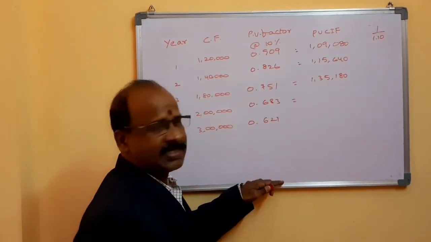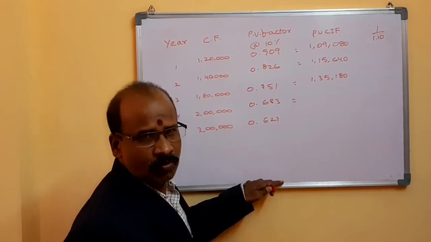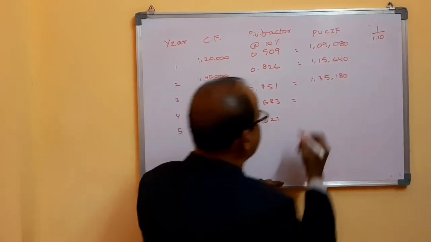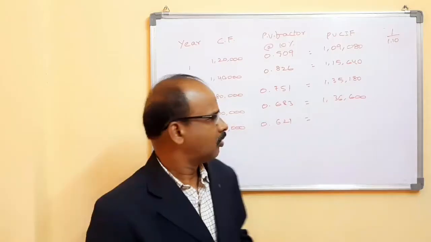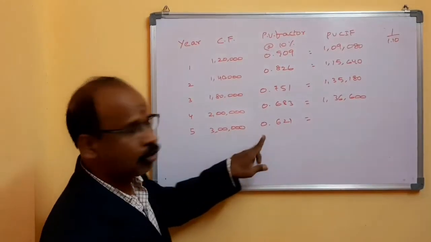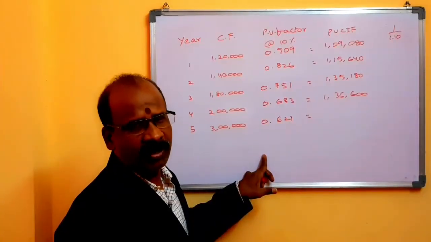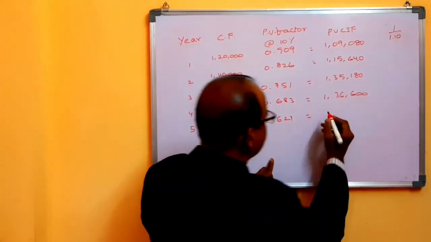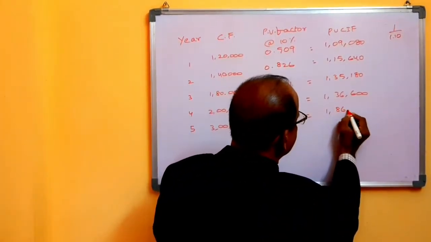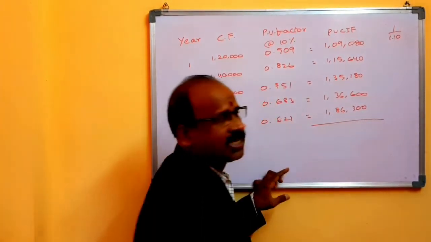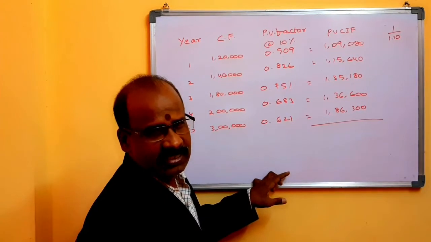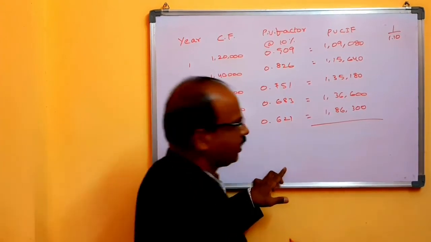Fourth year, 2 lakhs into 0.683, we get 1,36,600. Fifth year, 3 lakhs into 0.621, we get 1,86,300. Add all of these, you get 6,82,800.